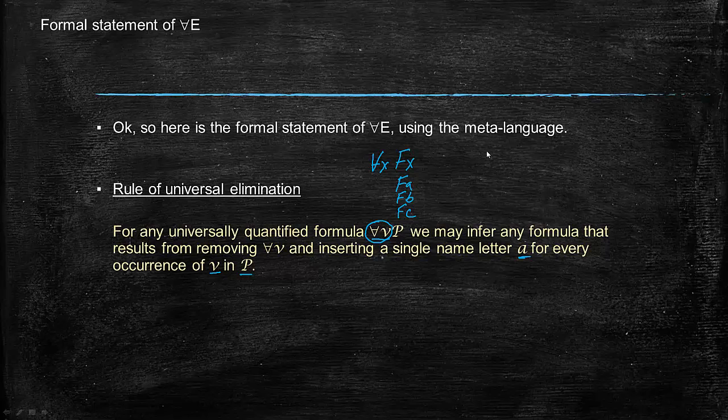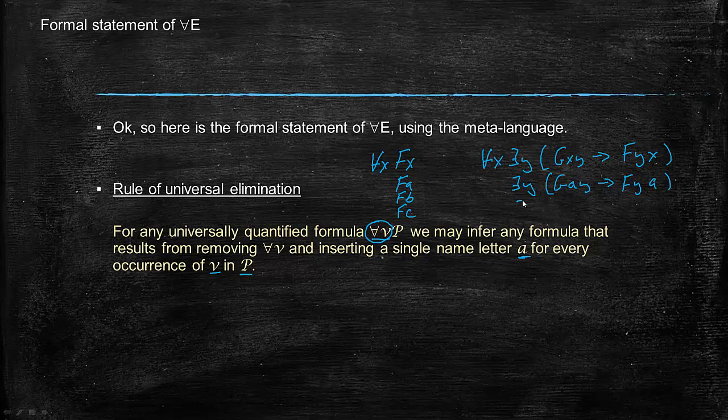And in a more complicated case, say you have for all x, there exists a y such that if gxy, then fyx. What this means is that you could, if you would like, write there exists a y such that, substituting for x, g a y, then, and remember you have to substitute for every occurrence, f y a.